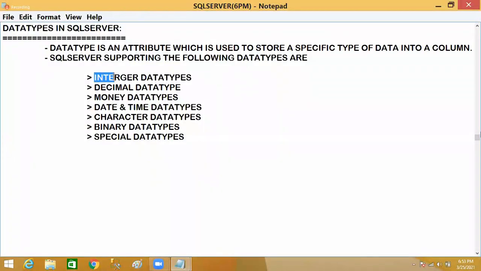The first one is called integer data types. You can all understand this from the name.